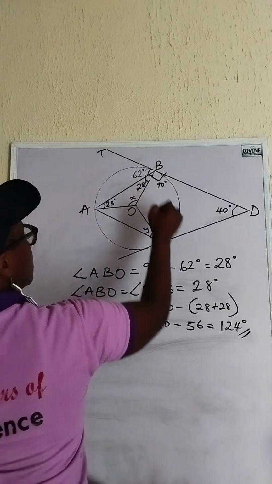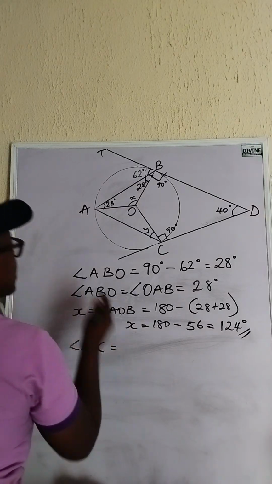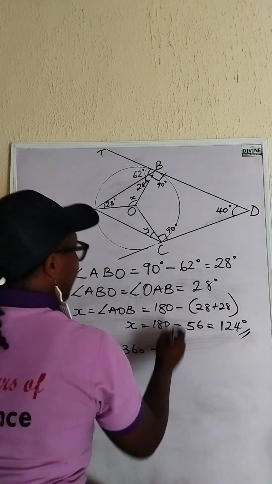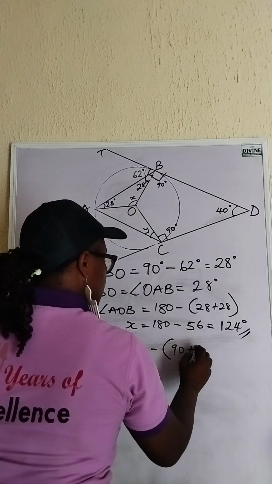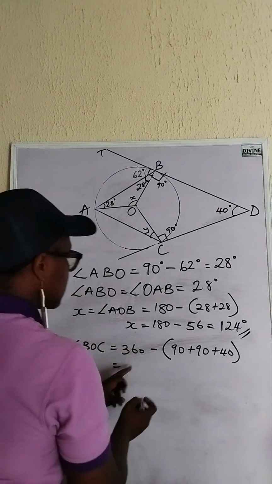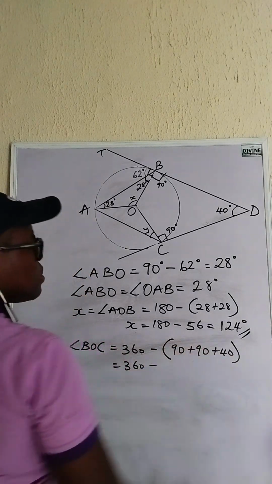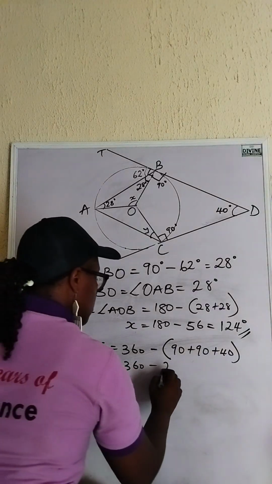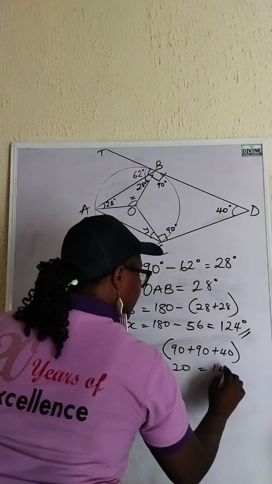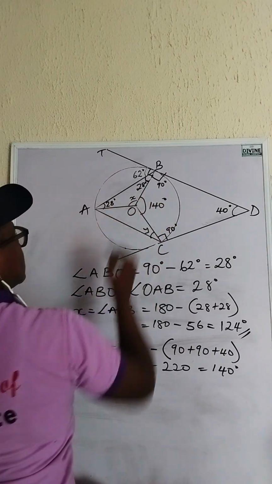Now to find angle BOC, angle BOC is equal to 360 minus (90 plus 90 plus 40), which will give us 360 minus 220, since 90 plus 90 is 180 and 180 plus 40 is 220. That is equal to 140 degrees.